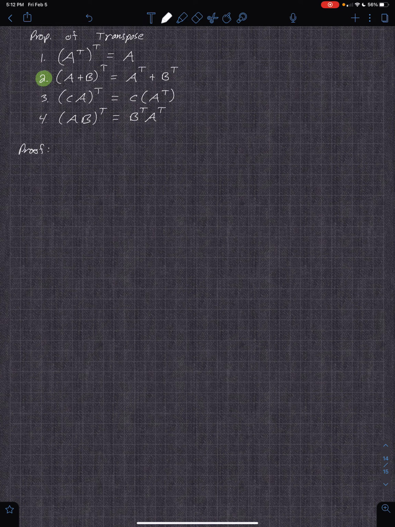Okay, so number 2. Let A equal A sub ij and B equal B sub ij. And then let's just look at A plus B transpose.